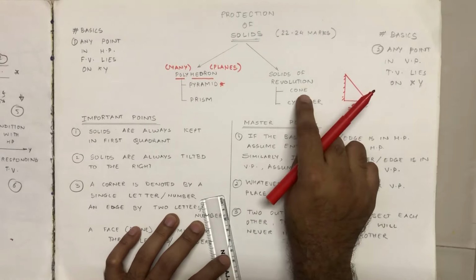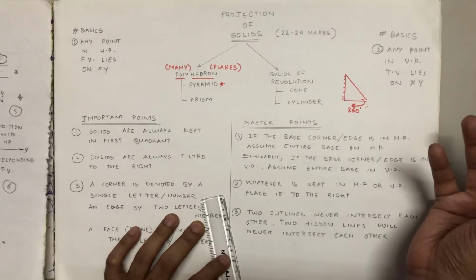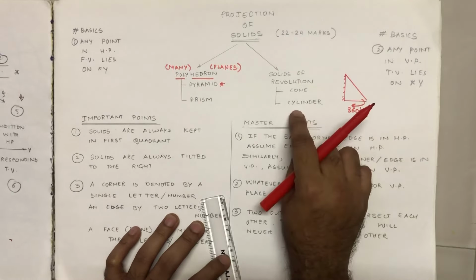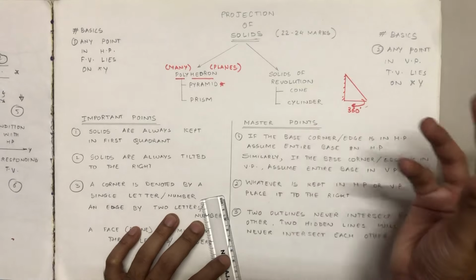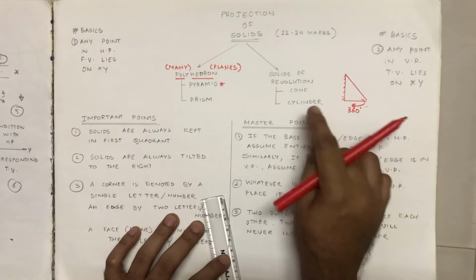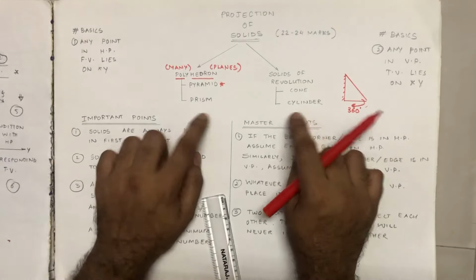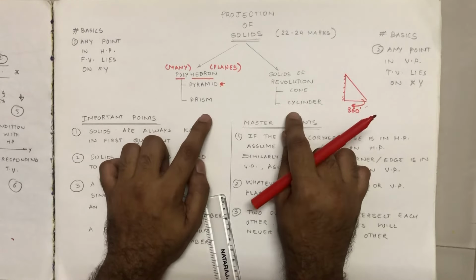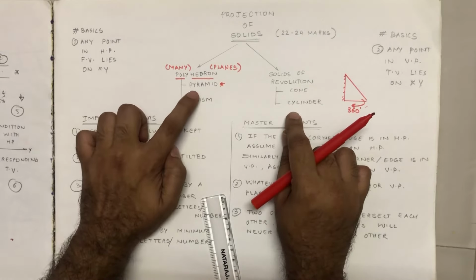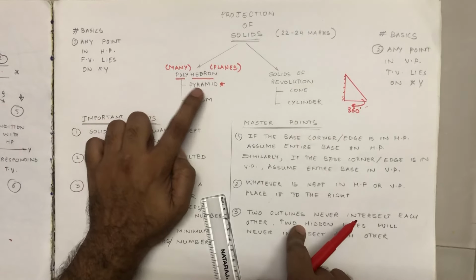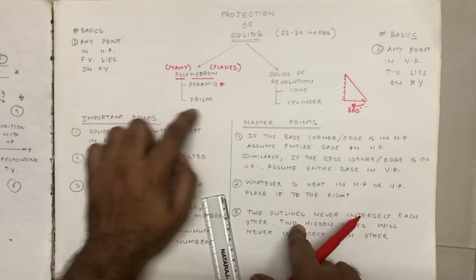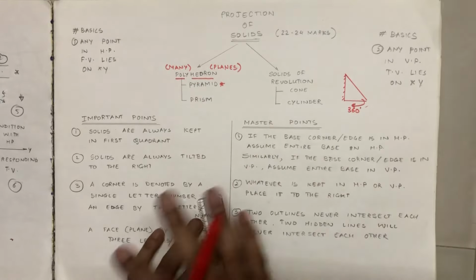An example of a cone is an ice cream cone, or for a cylinder you can imagine a chalk. The surface of the chalk is extremely smooth. So we have these 4 solids in our syllabus, out of which pyramid is a very interesting and important solid to deal with. Once you get to know pyramid, all these solids are going to be absolutely simple.